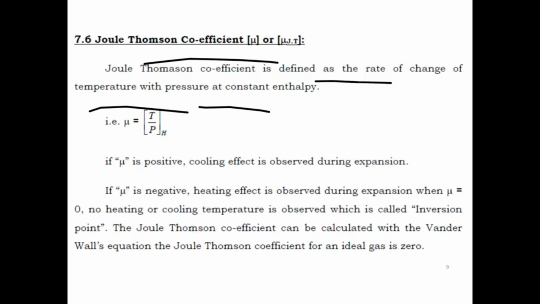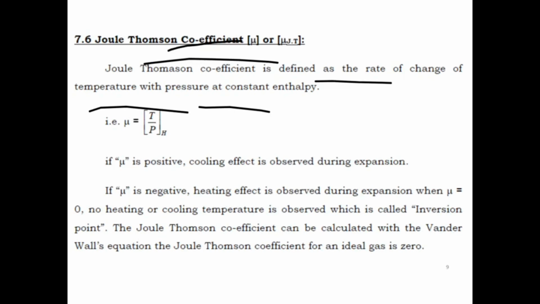Different substances will have different rates of conversion from gas to liquid. At what rate the substance is converting can be calculated using the Joule-Thomson coefficient.